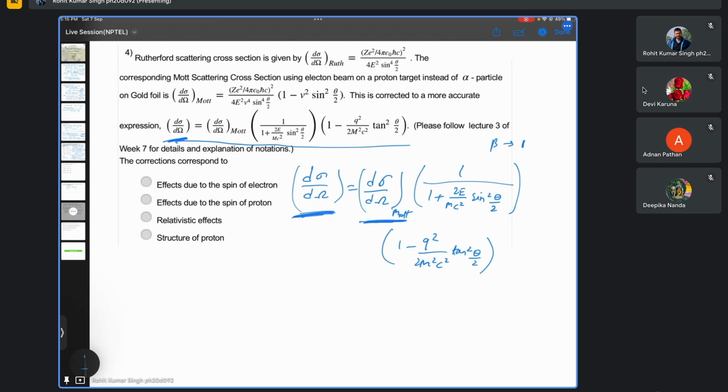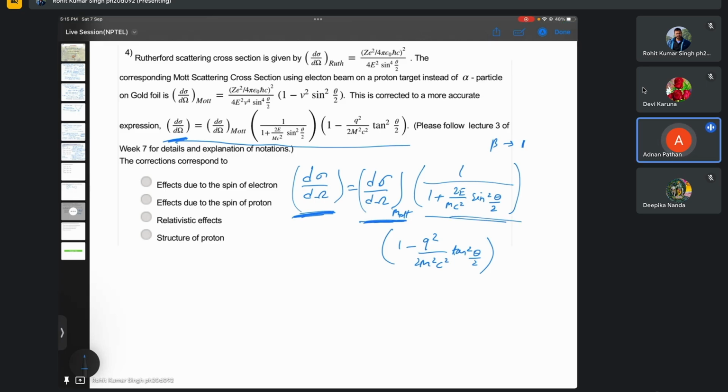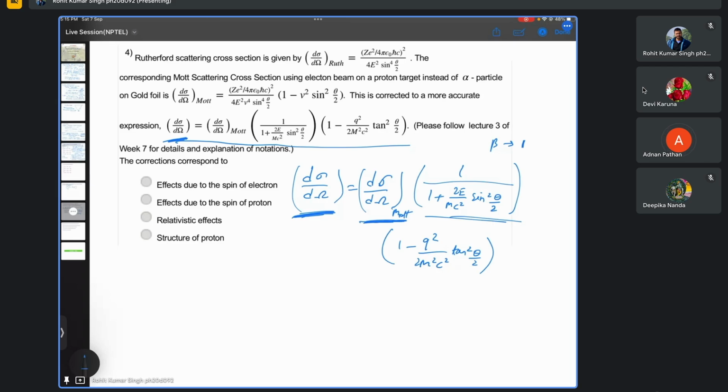Okay, and then why this one? If I'm not wrong, it's for accounting for the recoil. Recoil of what? The recoil of the target particle, basically the recoil of the nucleus, right?